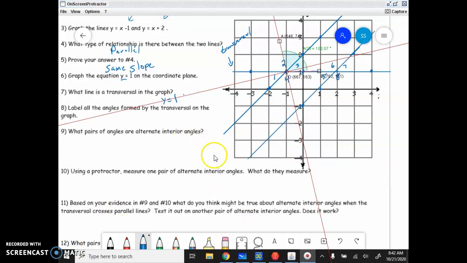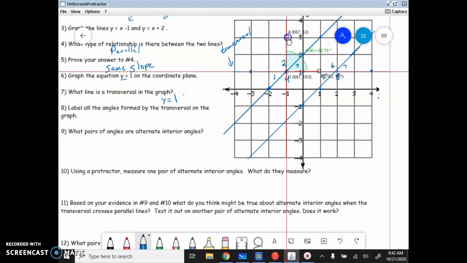This probably doesn't look exactly like your protractor, but it's essentially the same thing. I'm going to move this right here, and there we go. It looks like this angle is about 44, 45 degrees, so I'm going to say that this is 45.